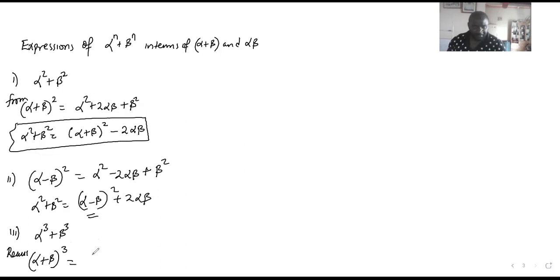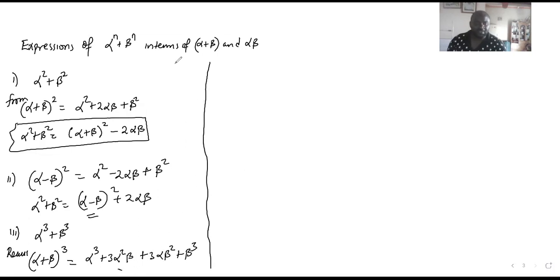This is coming from alpha cubed plus 3 alpha squared beta plus 3 alpha beta squared plus beta cubed. Right now, don't ask why this looks like this, because it comes from what we call Pascal's triangle. We are just going to note it right now, but we shall have to derive it in future when we come to Pascal's triangle.